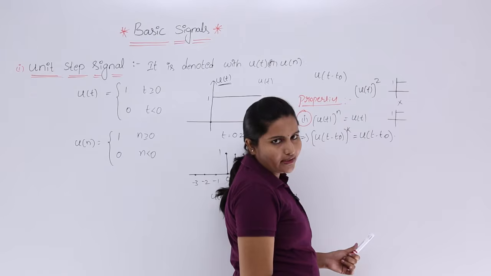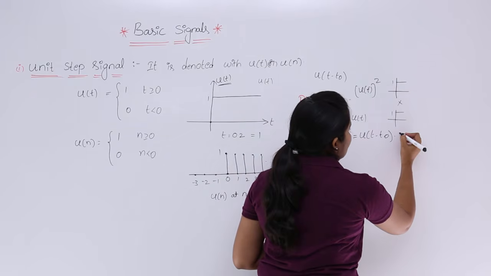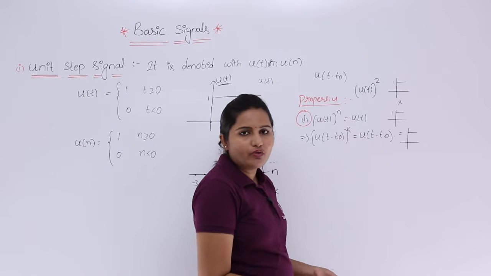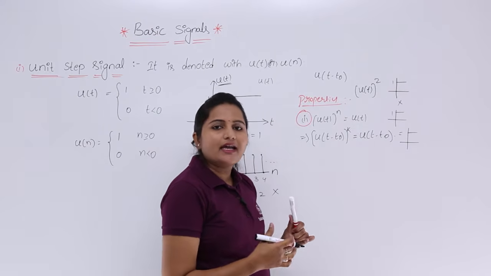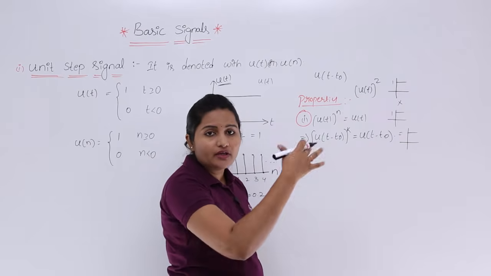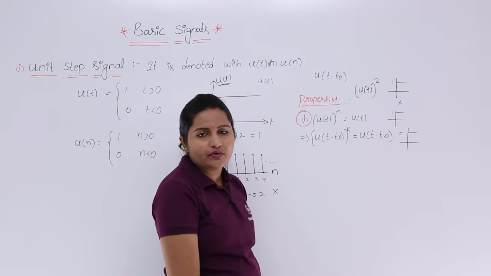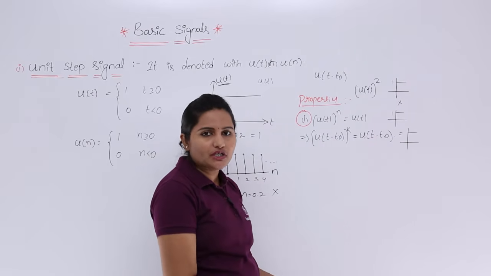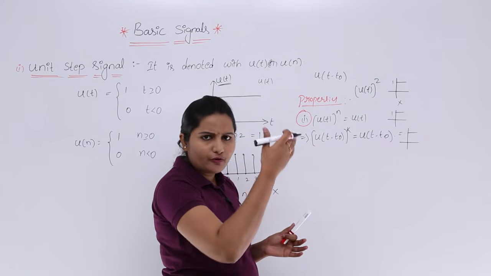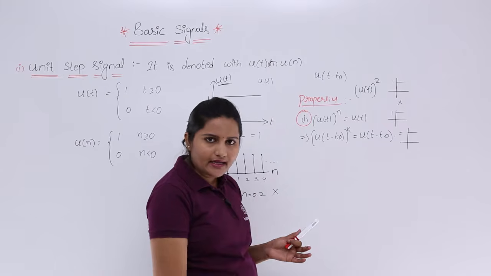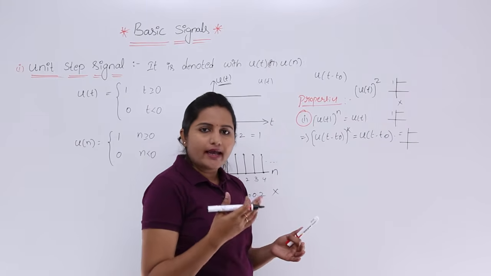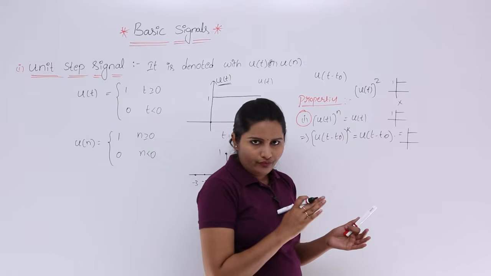So you get the same u of t, and you do not get any higher value than 1. The period is also the same: from 0 to infinity you multiply 1 with 1 and get the same 1. That is why if you square it, cube it, or multiply it 4 times or n times, 1 into 1 into 1, n times, is equivalent to 1.